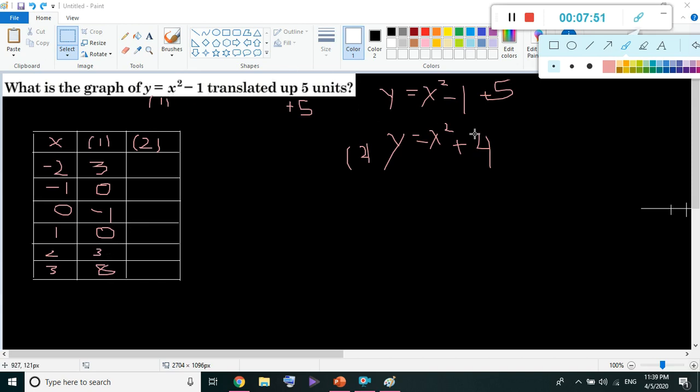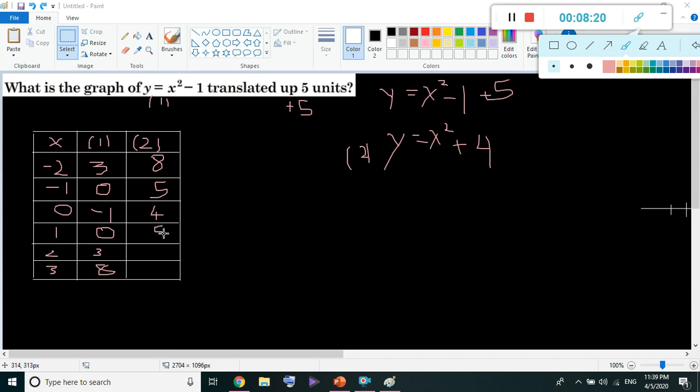Now let's see the total equation that we have here, equation number 2, which is y equals x squared plus 4. We're going to substitute the values here. -2 squared plus 4 is 4 plus 4, which is 8. -1 squared, which is 1, plus 4, which is 5. 0 would give me 4. 1 would give me 5.